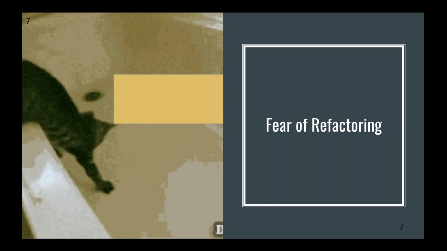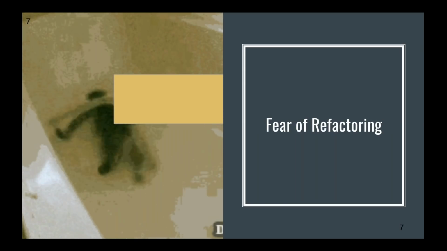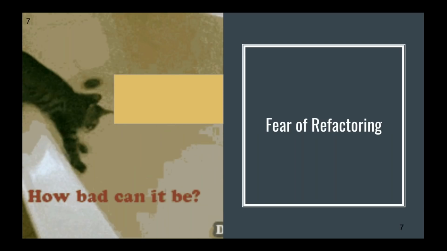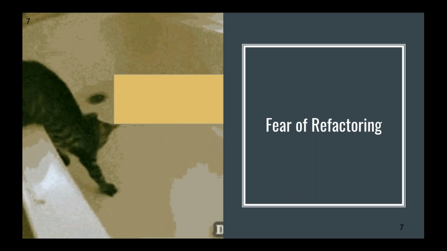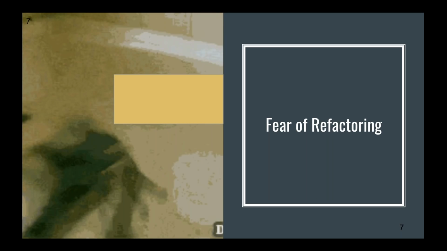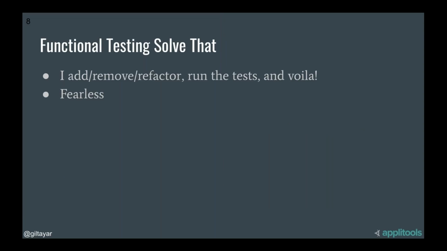I don't want to refactor anything. If it works, don't touch it. It will break. And that fear is very important, because to write good, clean code that is maintainable over time, we need to remove that fear. And functional testing solves that.